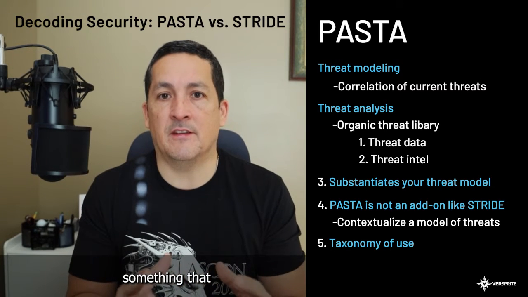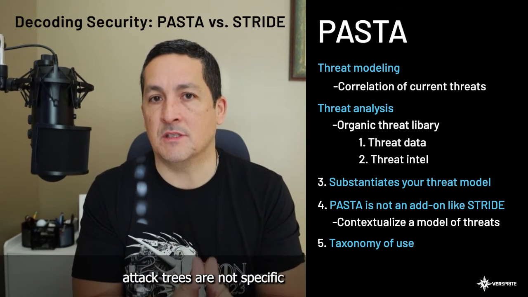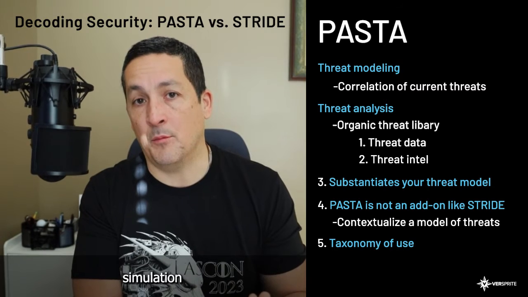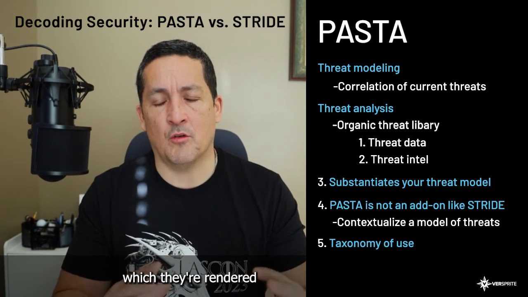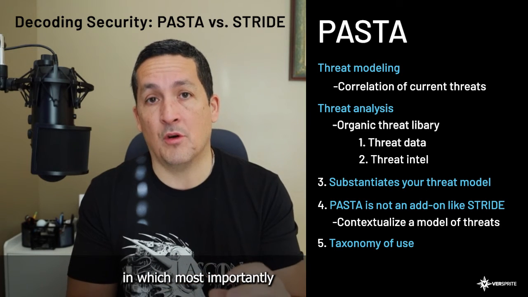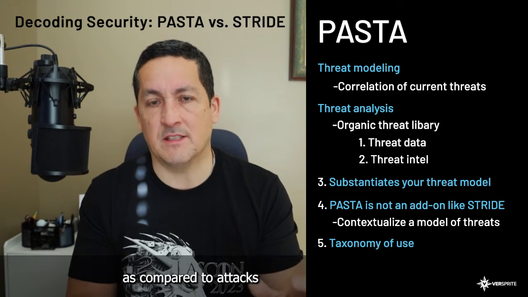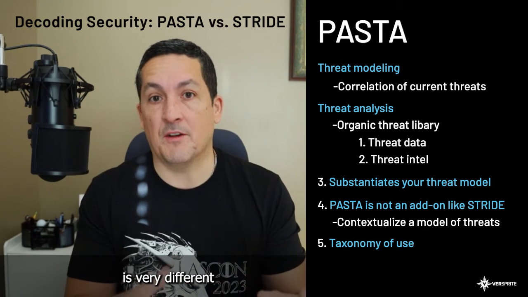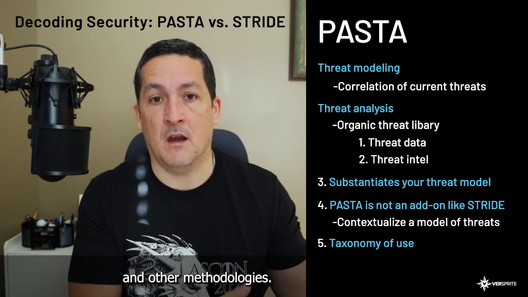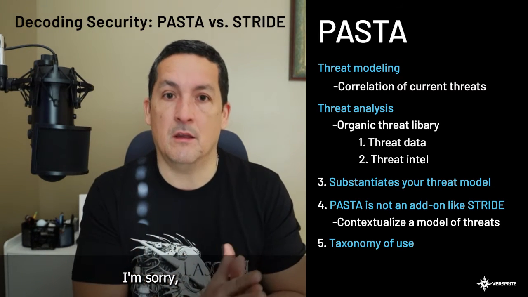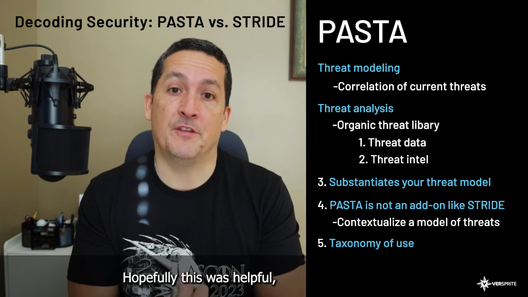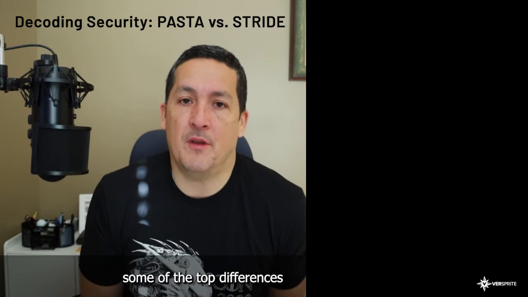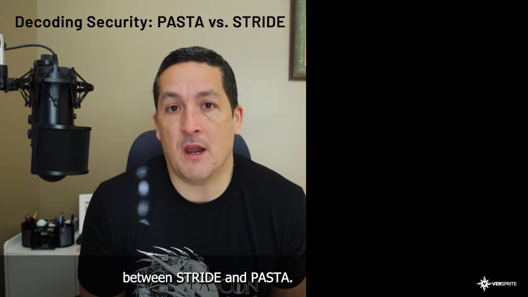Attack trees are not specific to the process for attack simulation and threat analysis, but the way in which they're rendered, and most importantly, the way threats are categorized as compared to attacks, is very different between PASTA and other approaches like STRIDE. Hopefully this was helpful, but those are some of the top differences between STRIDE and PASTA.